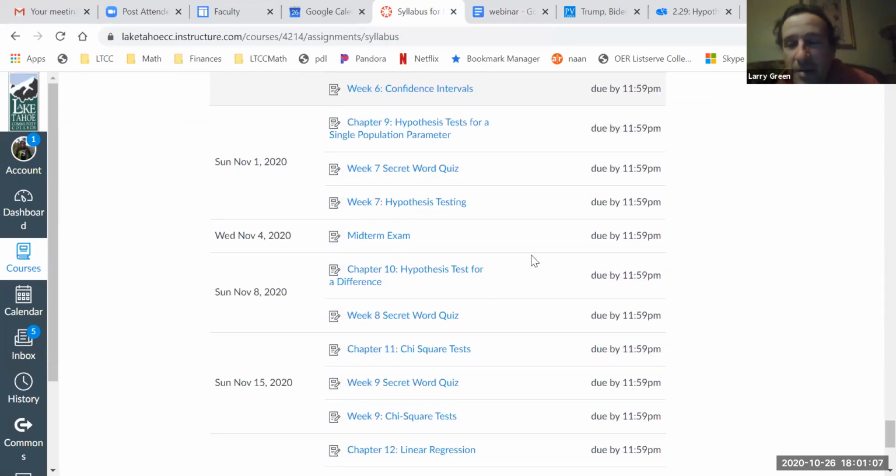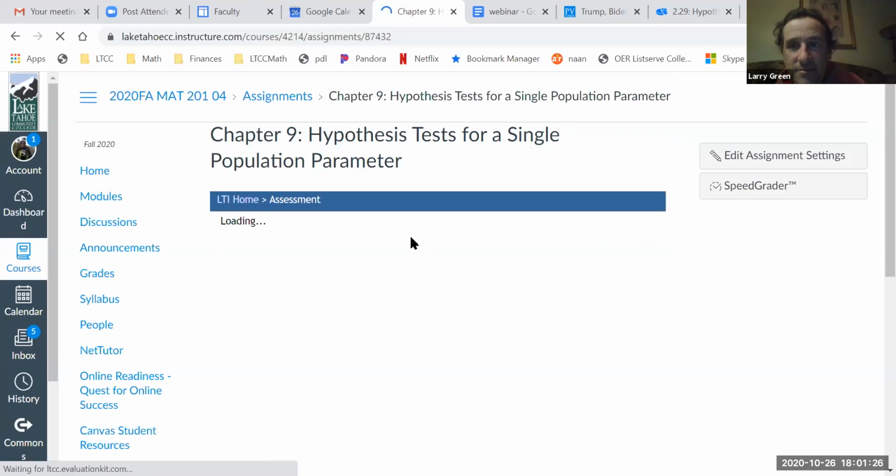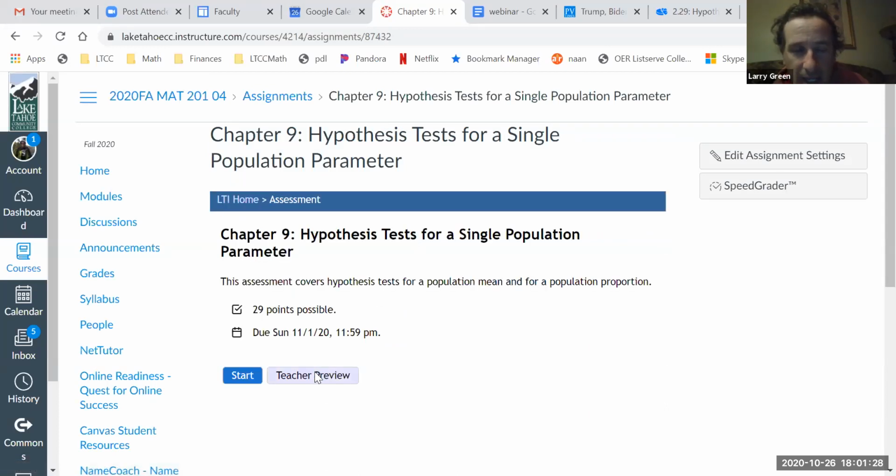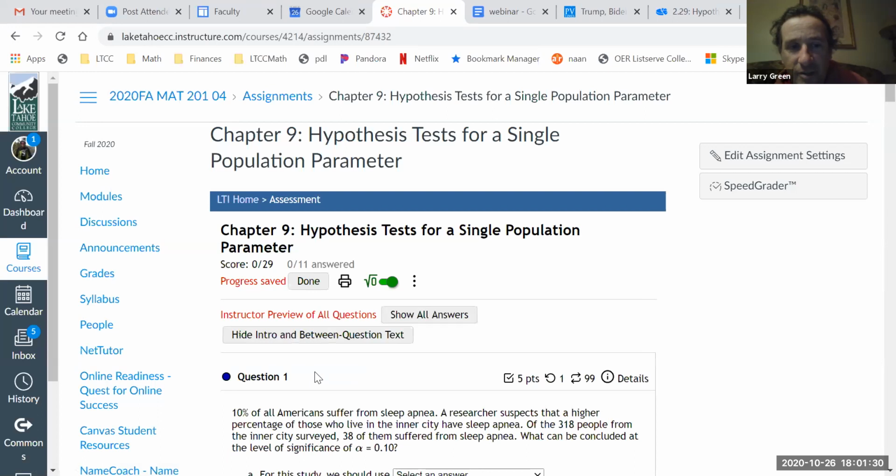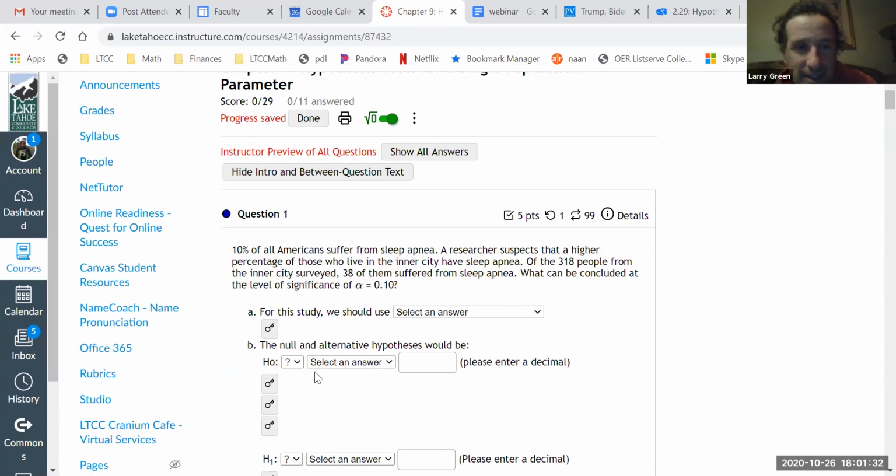So I thought maybe I'd do one with the mean. And I'll pop one in, because it's a similar idea with the mean, except we're going to use a mu instead of a p. A few other little things, but it's basically the same. Okay, so let's do it. That's chapter 9, hypothesis test for a single population parameter. And I'm going to go teacher preview, so I'm going to scroll down. You don't get to see it this way, sorry.